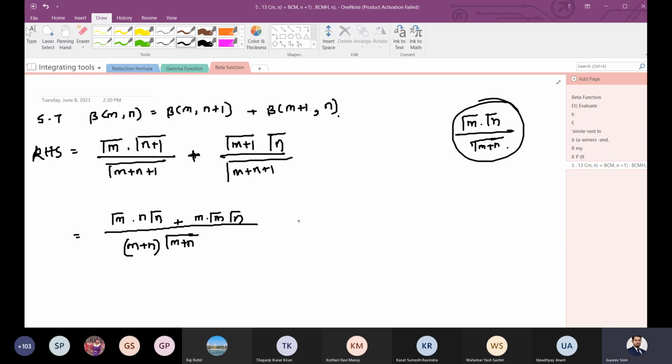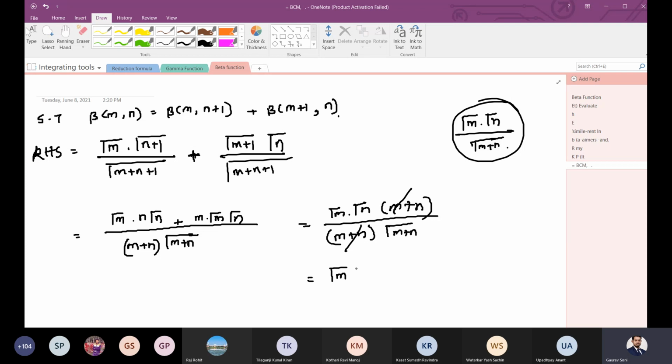So any difficulty, please ask. So gamma of m, gamma of n common from the numerator, and what we get is m plus n. In the denominator, what we have is m plus n gamma of m plus n. This two gets cancelled out. So what do we have? Gamma of m, gamma of n upon gamma of m plus n.